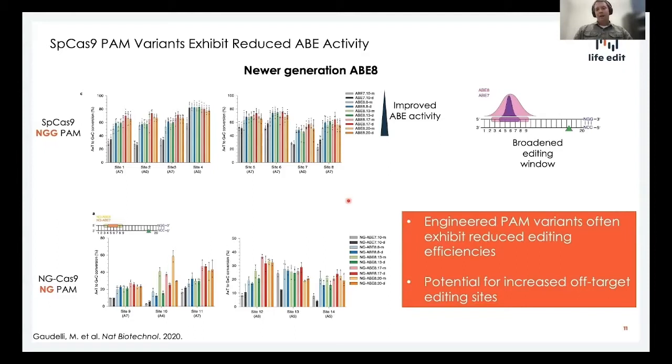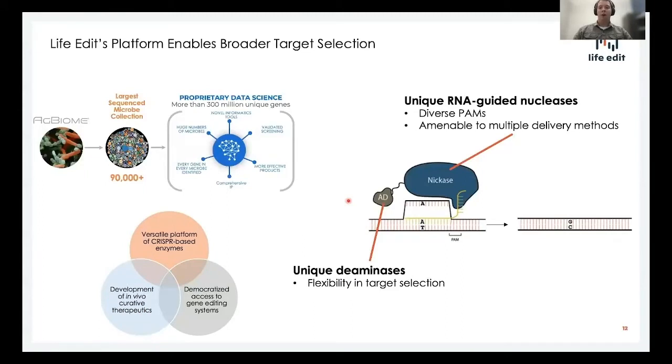So Life Edit has taken a different approach to enable a broader target selection, and in such a way that avoids some of the pitfalls of engineered deaminases. Life Edit has exclusive access to the AgBiome microbial collection.